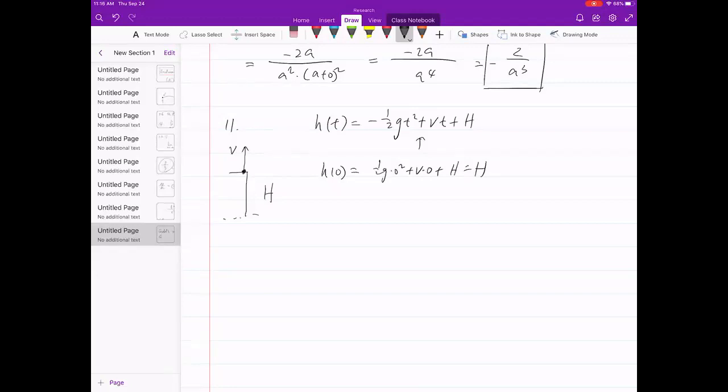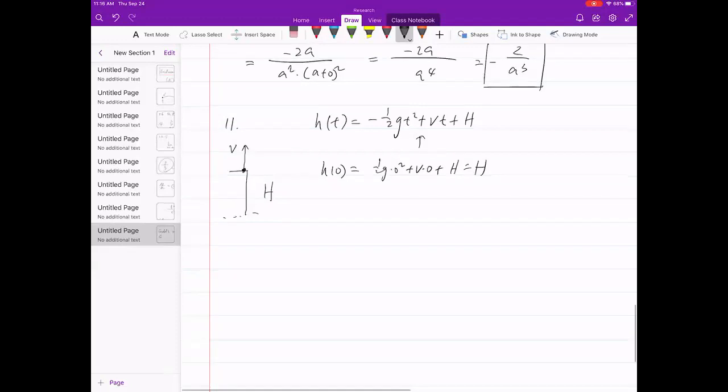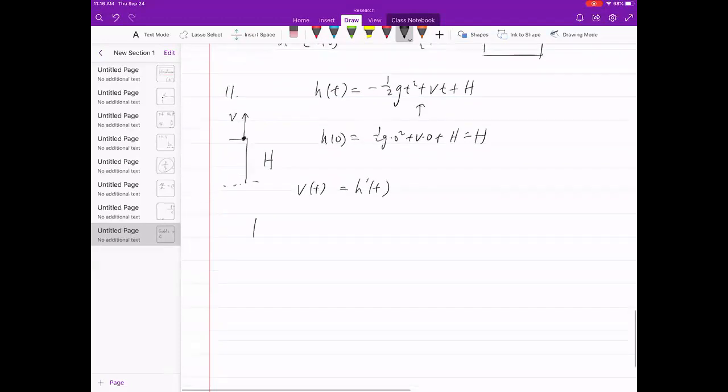Second, the velocity v(t) is h prime of t. So you are trying to find v(t), which is h prime of t. And you have nothing better but doing the limit as h goes to 0. Let's pick a letter.